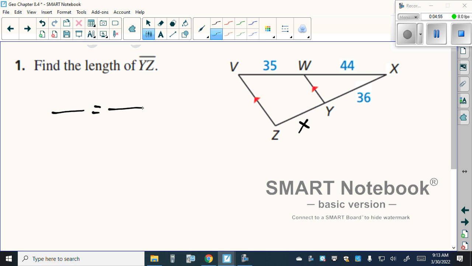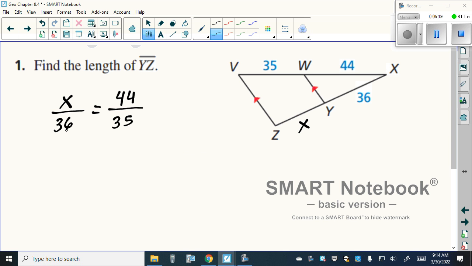I would put X first, yes. And then what would go on the bottom? 36. Then 44 over 35, and I think y'all are all agreeing with 36 here, yes?